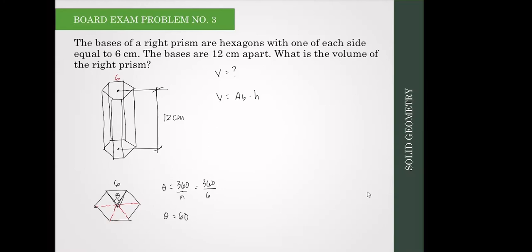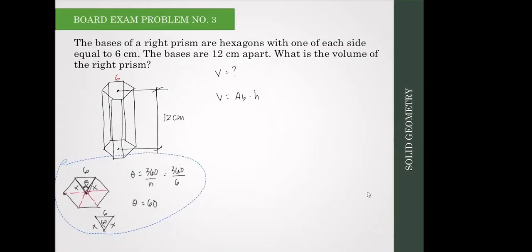Okay? And from experience kanina, kapag 60 yung angle na to, alam natin na itong value na to is the same. So, ibig sabihin meron tayong 60, x, tapos 6. Para makuha si x, apply natin si cosine law. Nagko-combine na yung concept natin, no?